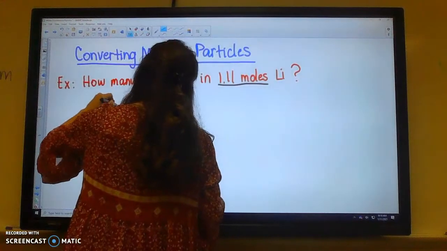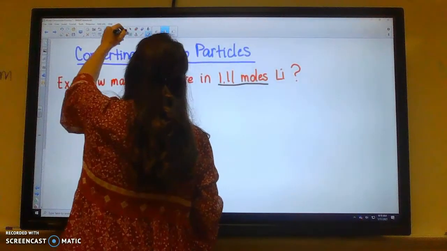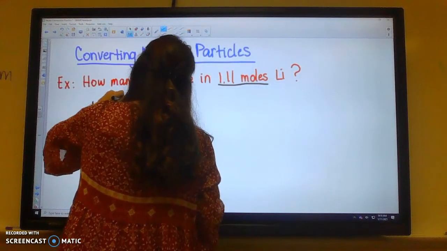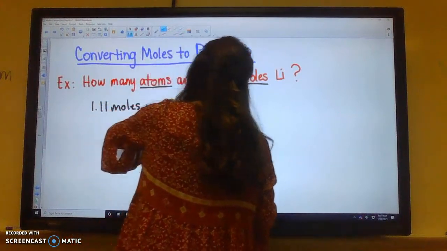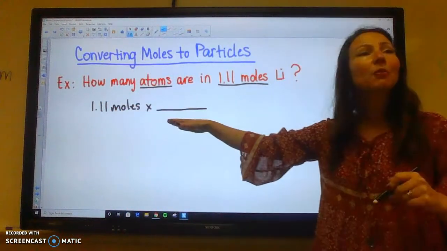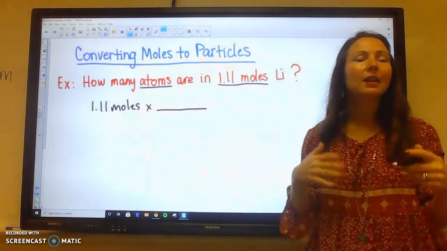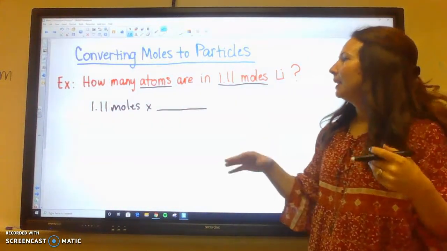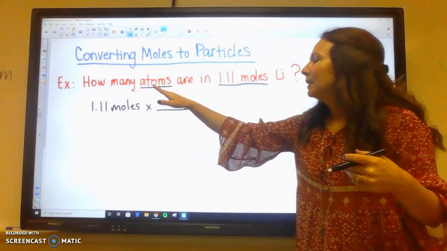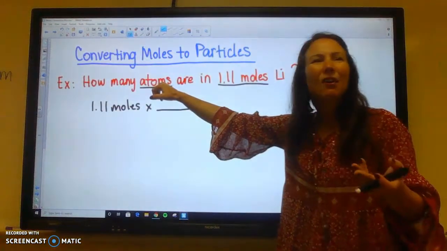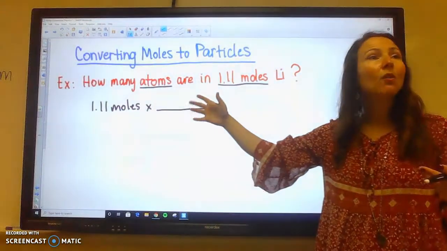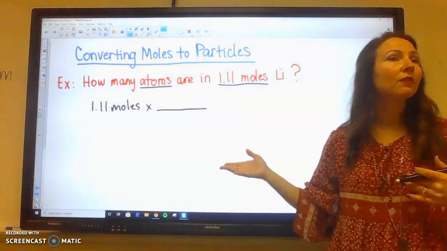And we're going to set up a conversion. I don't know why I keep trying to write atoms, because that's not what's given. Our conversion, we're always going to multiply by something over something. This is just a conversion factor. I know that I'm starting with moles, and then I need to solve for atoms, so I know I have mole and atom somewhere in this conversion.